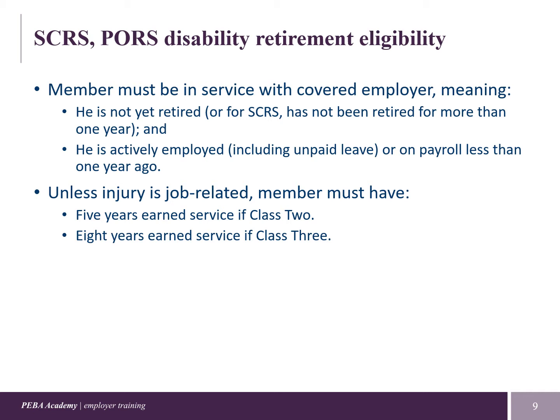Class 2 members must have at least 5 years of earned service credit, and Class 3 members must have at least 8 years of earned service credit to be eligible for disability retirement benefits. The earned service requirements are waived if the disability was the result of a job-related injury.